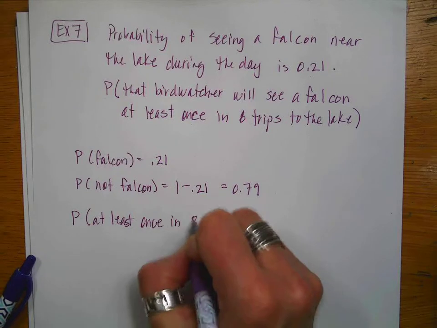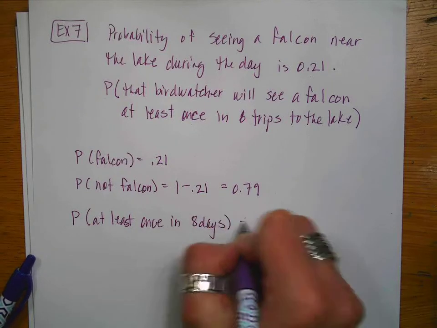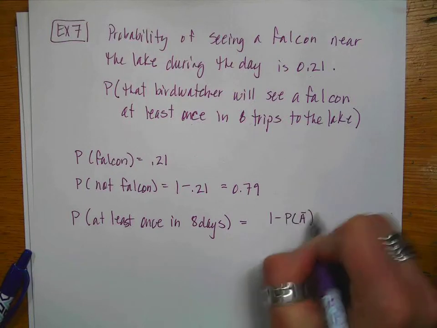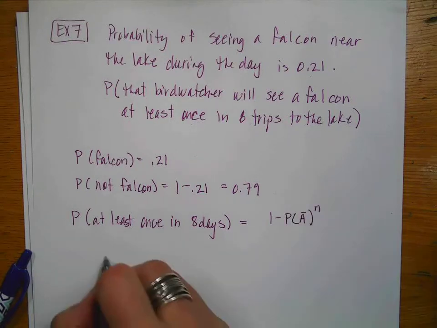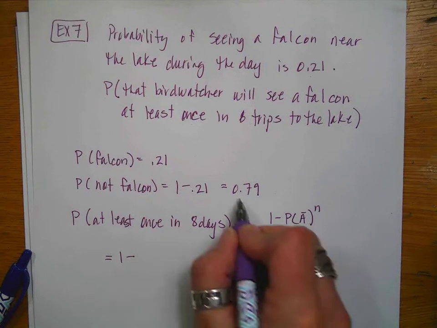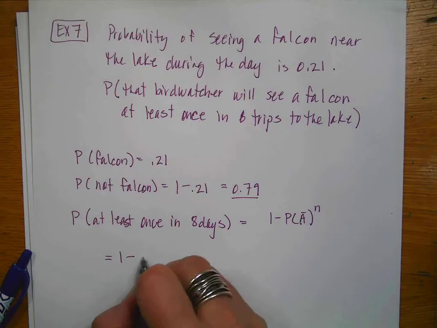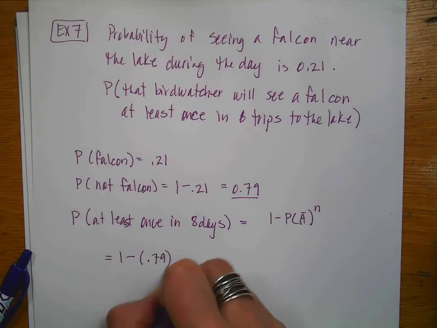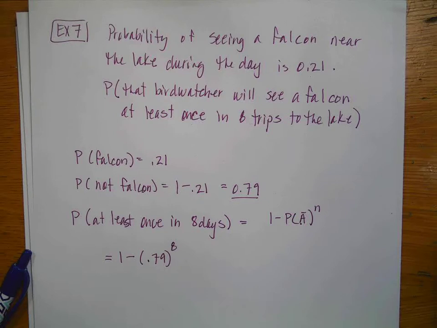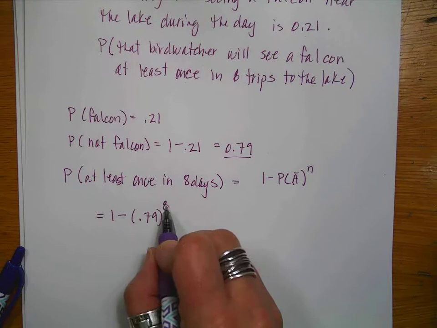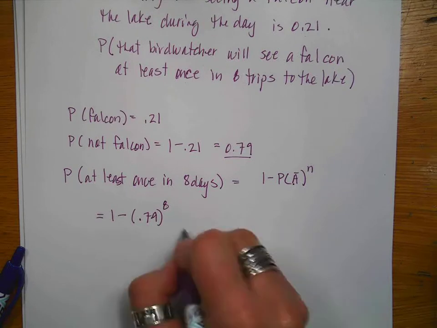So the probability of at least once in 8 days, remember the formula is 1 minus p raised to the n, so it's going to be 1 minus, here's our probability of not, remember a bar is the probability of not, so it's going to be 1 minus 0.79, and we have 8 total days.